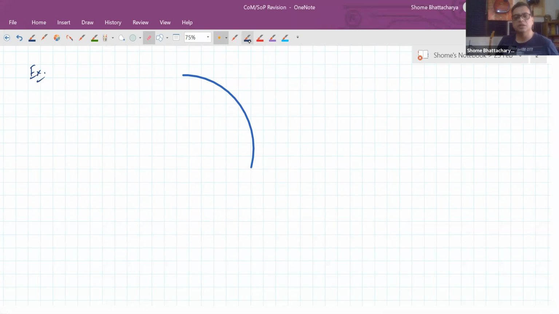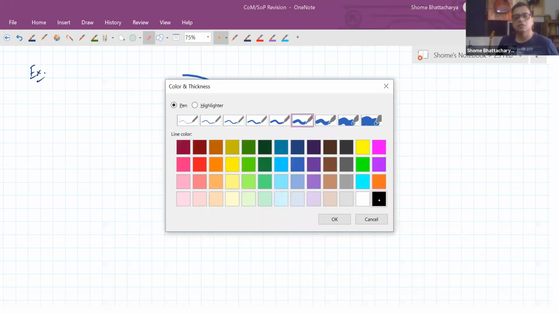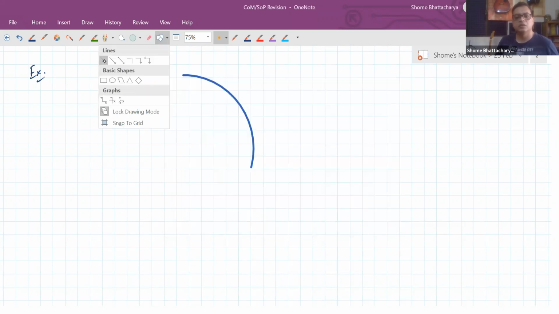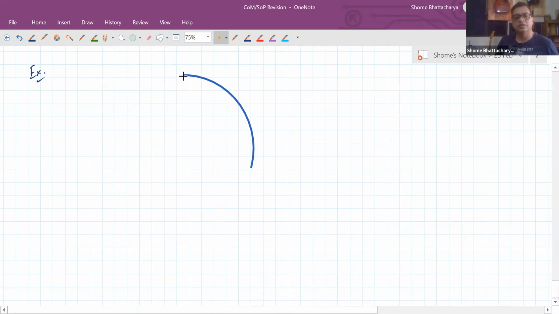Let's say we have an arc like this, which is subtending some general type of angle at the position of its center of curvature.